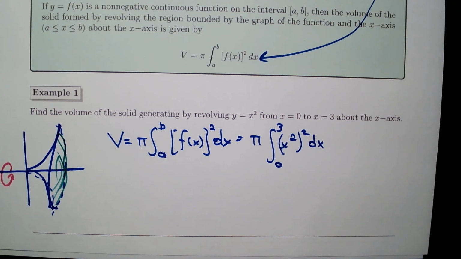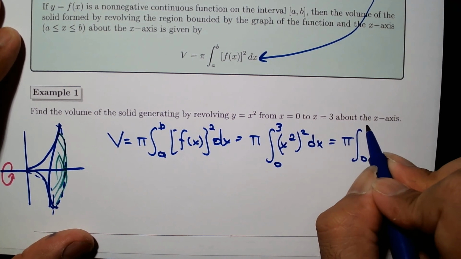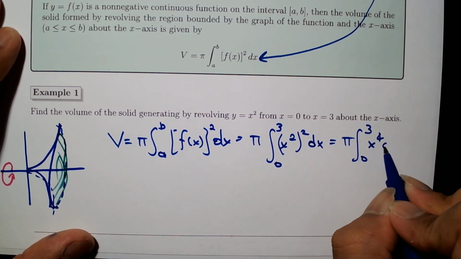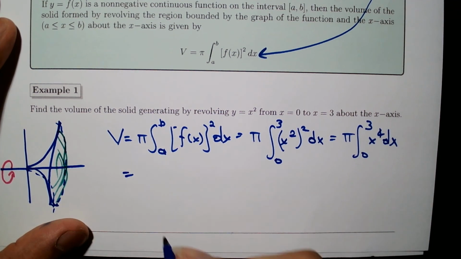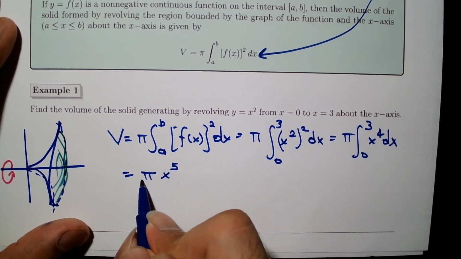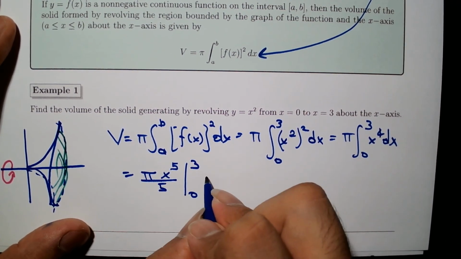Alright, so let's simplify the integrand, 0 to 3, x to the 4th dx. Okay, and all we need to do is integrate using the general power rule, x to the 5th over 5 evaluated from 0 to 3.